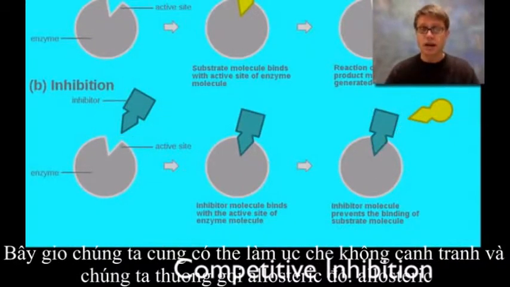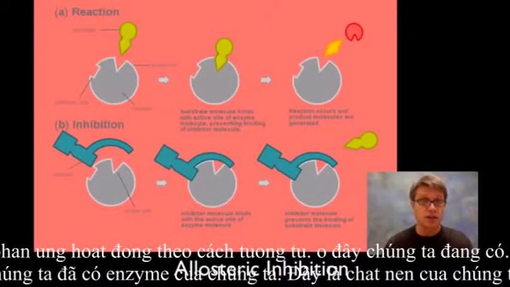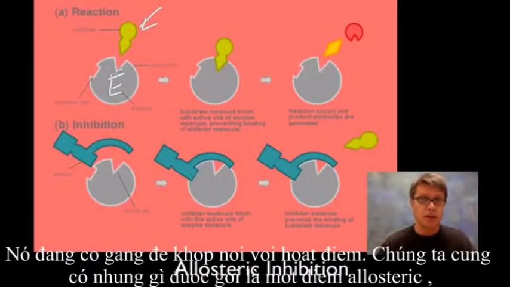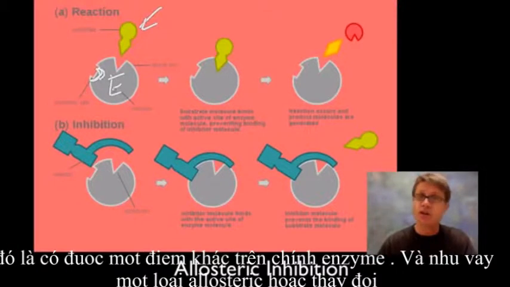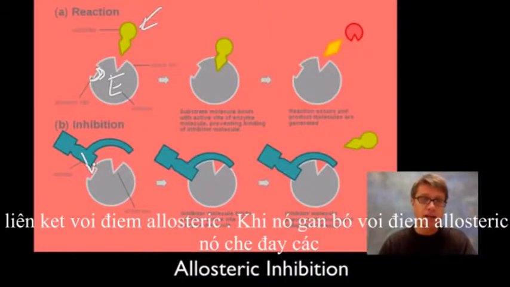Now we can also do non-competitive inhibition, and we usually call that allosteric. Allosteric reaction works the same way. So here we are. We've got our enzyme. Here's our substrate. It's trying to fit into the active site. We also have what's called an allosteric site, which is going to be another site on the enzyme itself. And so one type of allosteric, or changing the shape, inhibition that we can do is we can have an inhibitor that's just going to bond to that allosteric site.